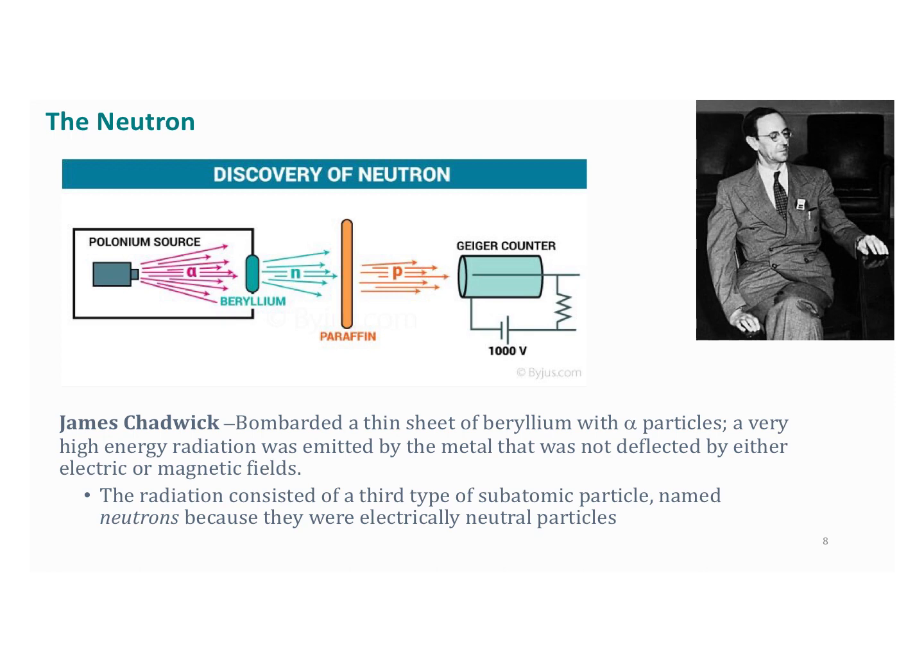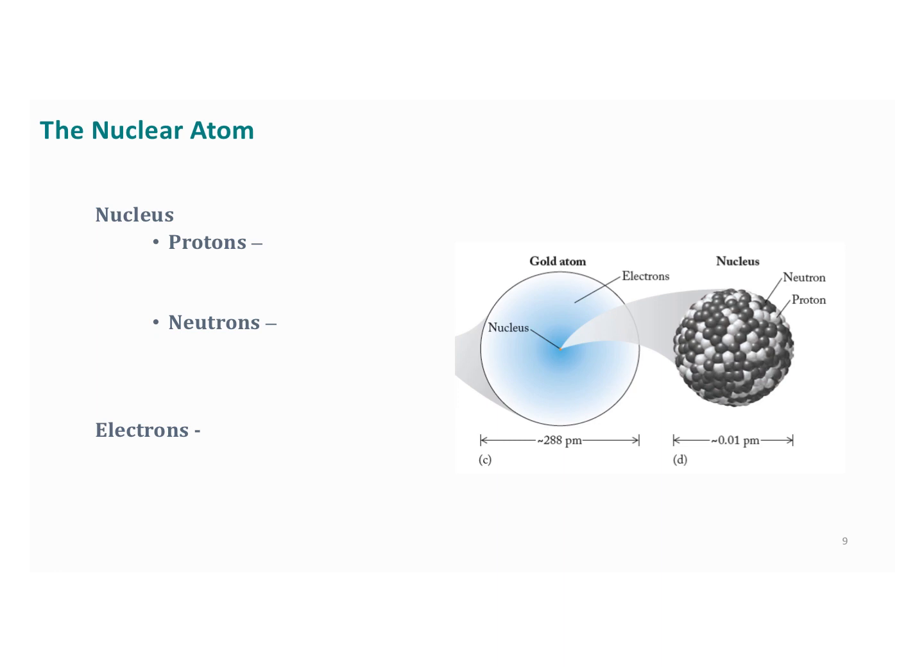And so that indicated that it didn't have a positive or negative charge. And so Chadwick named these particles neutrons because they were electrically neutral particles, and they had a mass that was slightly greater than that of protons. So those are the three kind of parts of the nuclear atom.